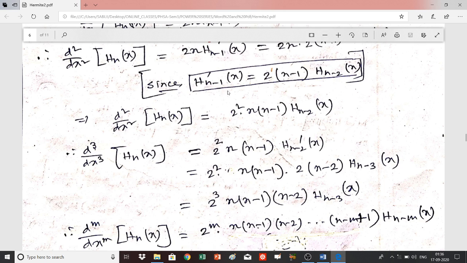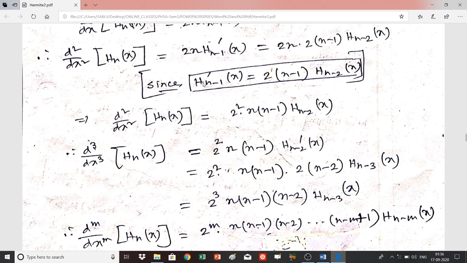So if you replace only n by n minus 1, then from this term Hn minus 1, that means Hn minus 2 prime (x), is equal to 2, and n is replaced by n minus 1, and there is another minus 1. So this term will give you 2(n minus 2), and then here is one order less, there will be n minus 1 minus 2, that means Hn minus 3(x).